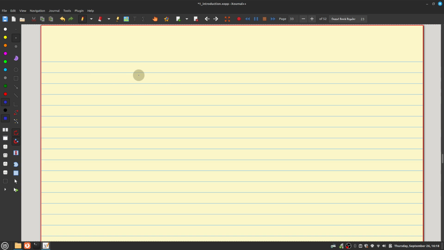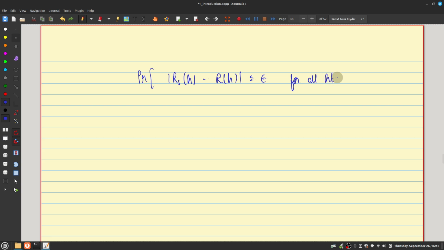You want to say that the probability that L_S(h) minus the generalization error is greater than or equal to epsilon. Sure. So it satisfies the uniform convergence property if this holds true for all h in H. Right? Yeah. And this happens with high probability.